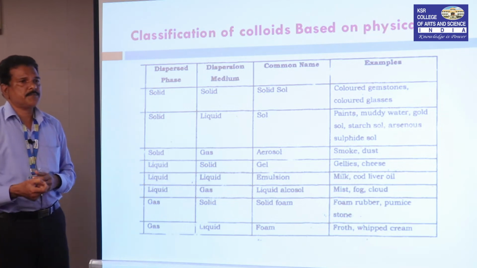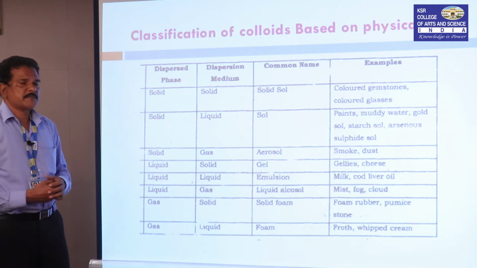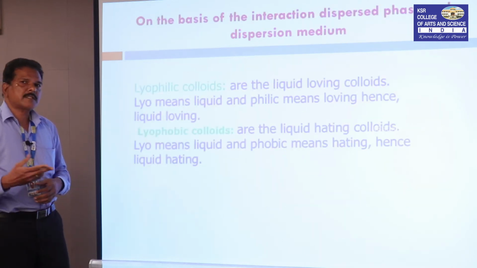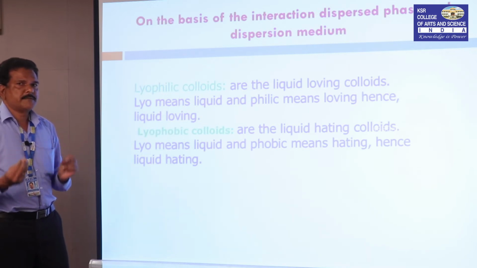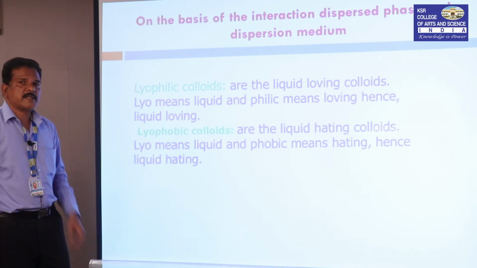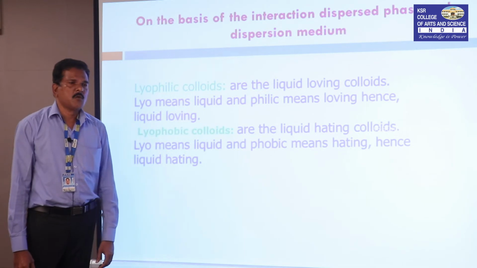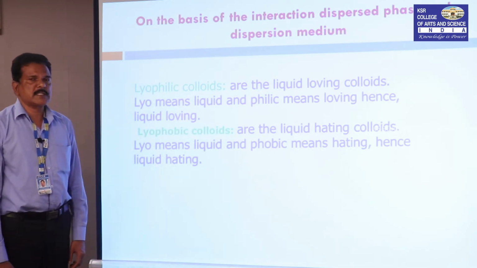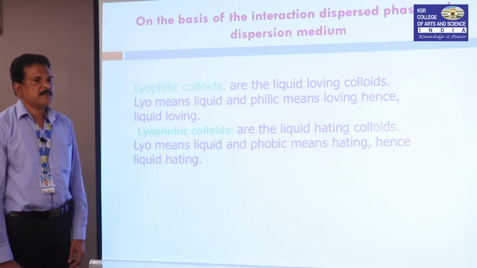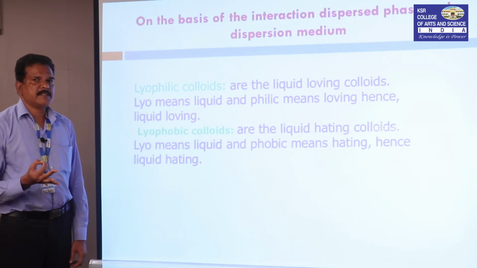Then based upon the interaction between the dispersed phase and dispersion medium, the colloid system has 2 types. First one is lyophobic colloids and lyophilic colloids. What is lyophilic and what is lyophobic? First, lyophilic. Lyo means solvent in Greek. Philic means attraction.